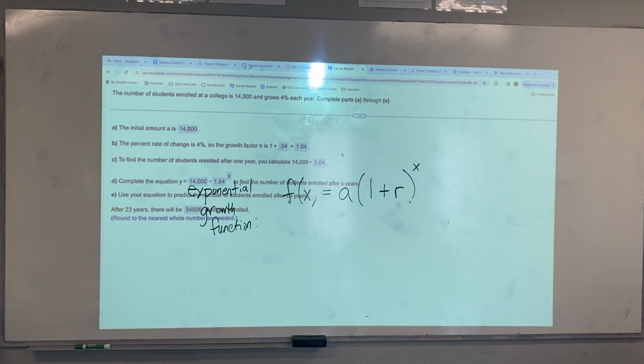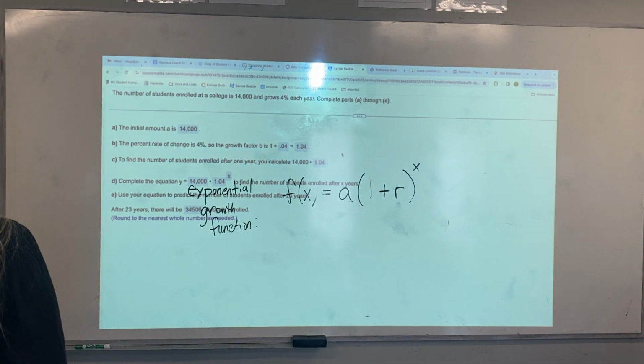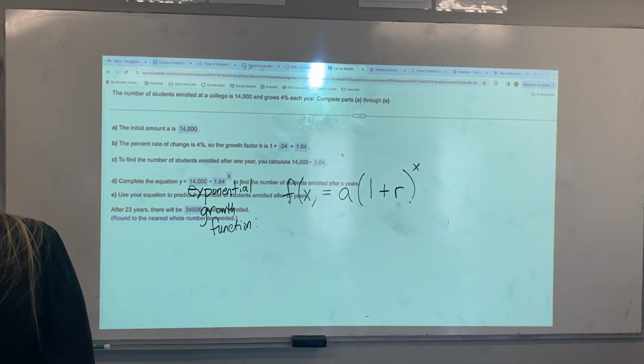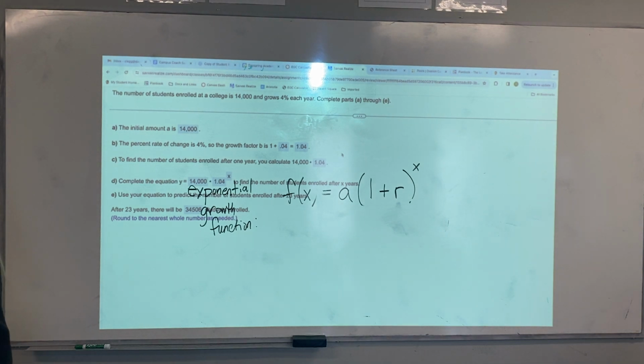You guys gotta make sure you're putting in the right number. Emily, go back. You put 23 as the exponent. This says after 21 years. Is everybody good? Can we move on?